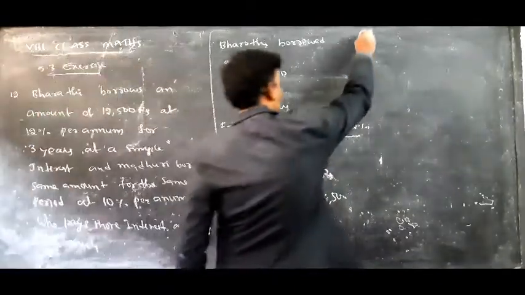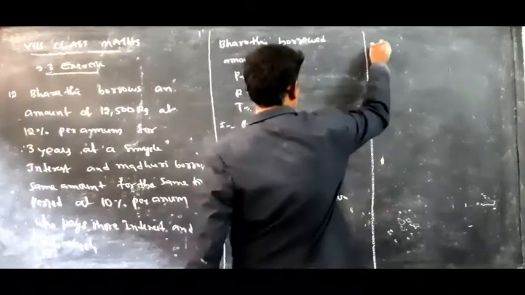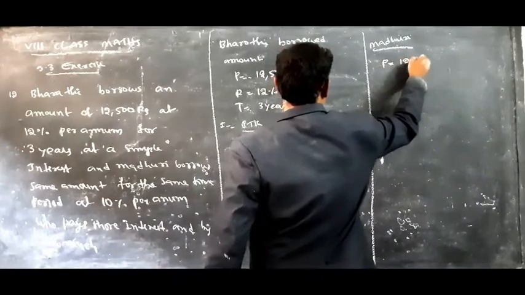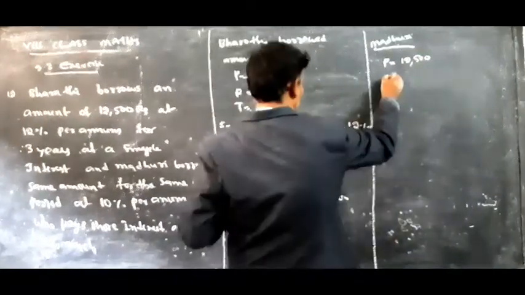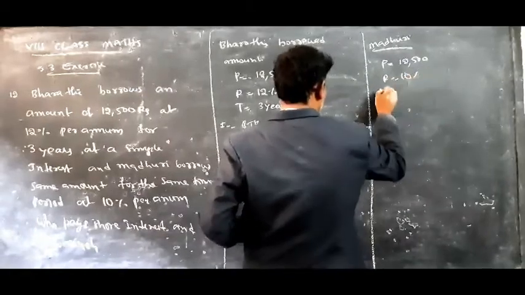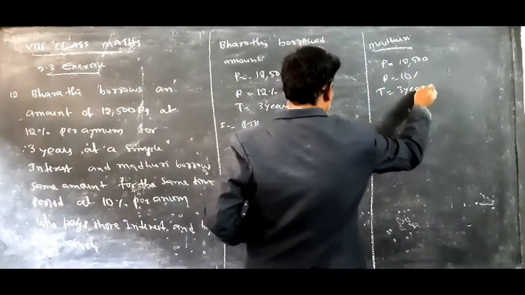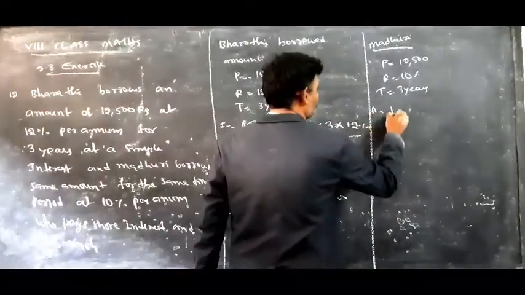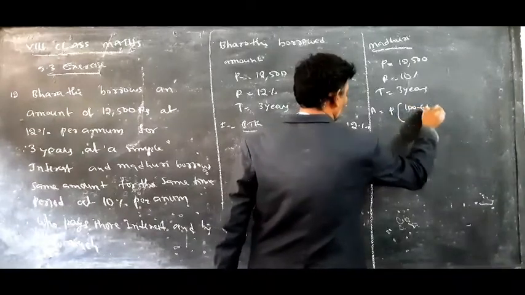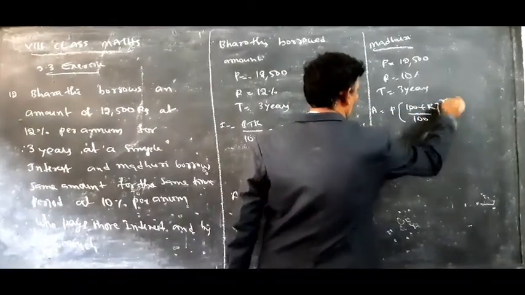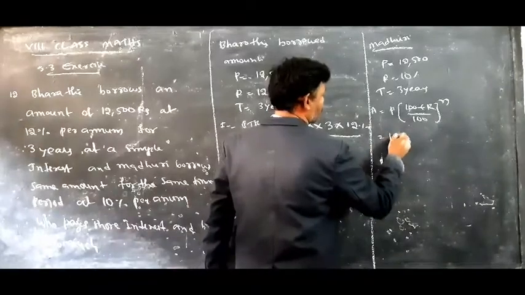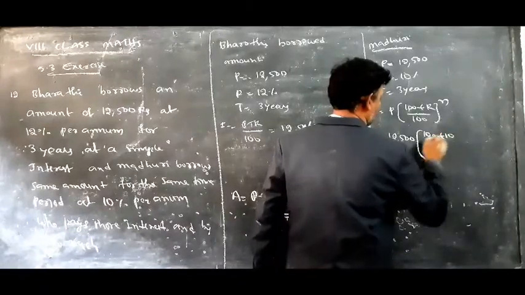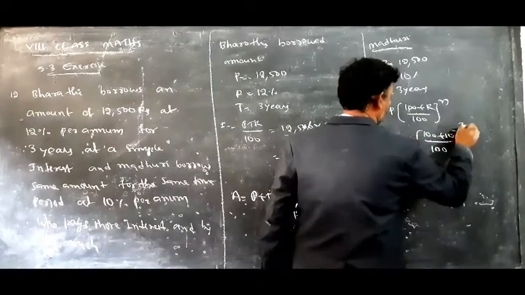Now Madhuri. The principal amount is the same, 12,500, the rate of interest is 10%, and the time period is also the same. But Madhuri is borrowing the amount at compound interest. Now A is equal to P into (100 plus R by 100) whole power n, which is 12,500 into (100 plus 10 by 100) whole power 3.